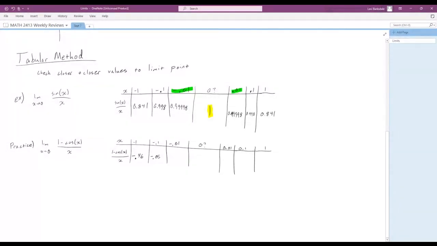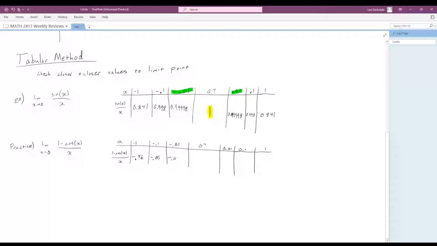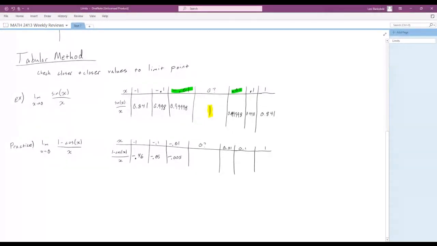However many you think is important. I guess the deciding factor for the number of decimals you feel like you need to go to is how many do you need to see what your limit is? Next one is negative 0.005. Okay. What about from the right-hand side? The positive side.